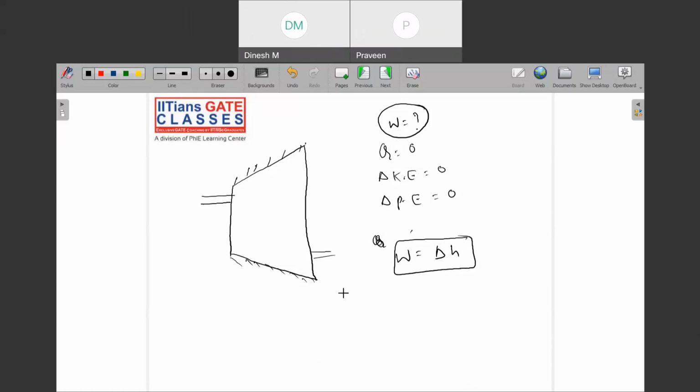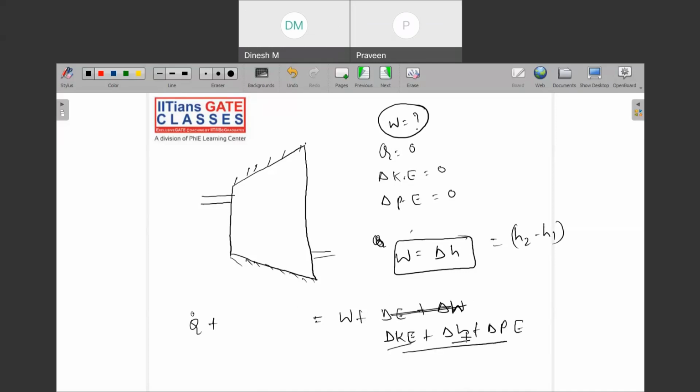Why? Because if I write this equation, Q dot plus W, in terms of delta H and the notation final minus initial, then I write it as delta kinetic energy plus delta enthalpy plus delta potential energy.